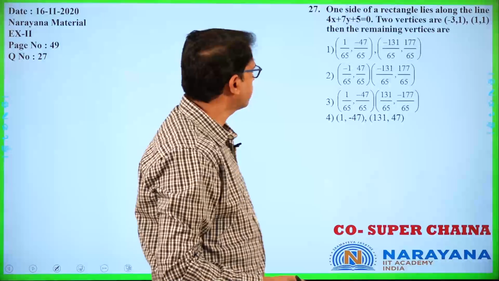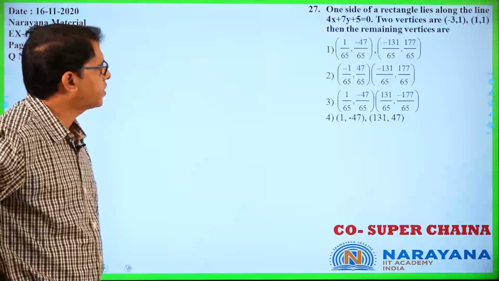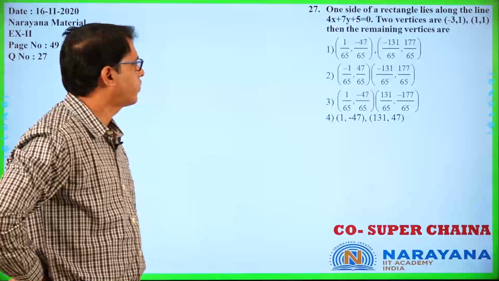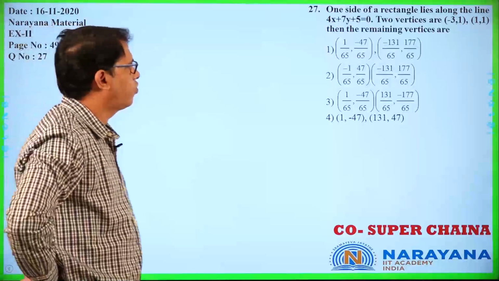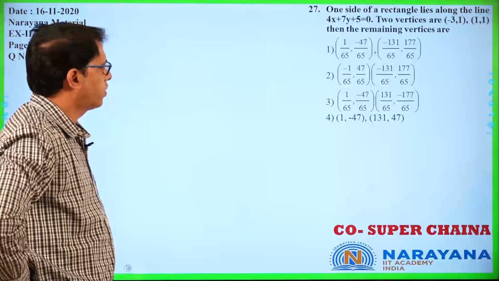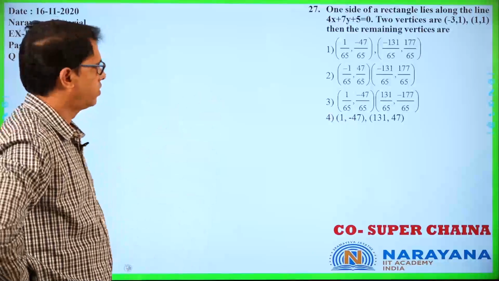Here, one side of a rectangle lies along the line 4x plus 7y plus 5 equals 0 and two vertices are given, -3, 1 and 1, 1. Then the remaining vertices, okay, simple one.